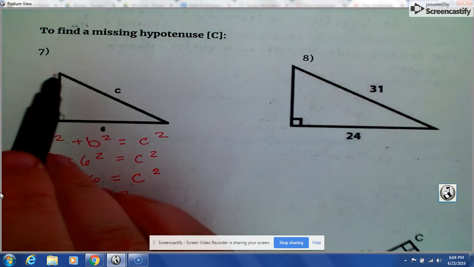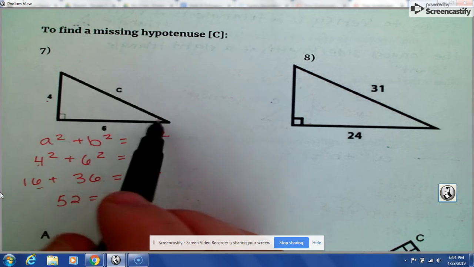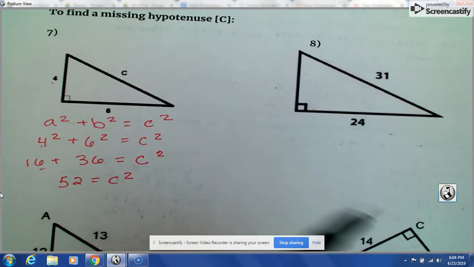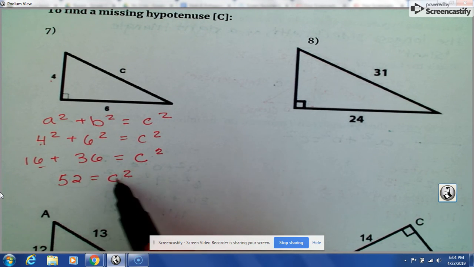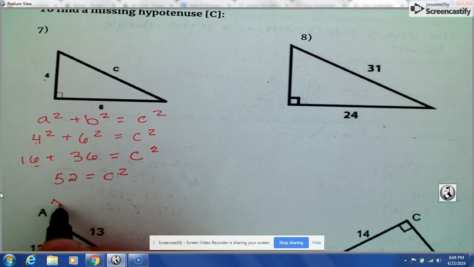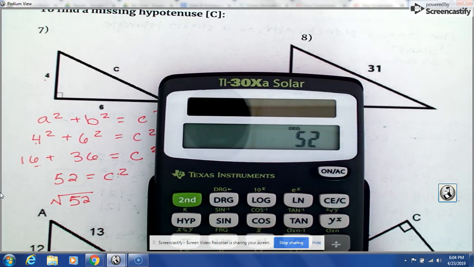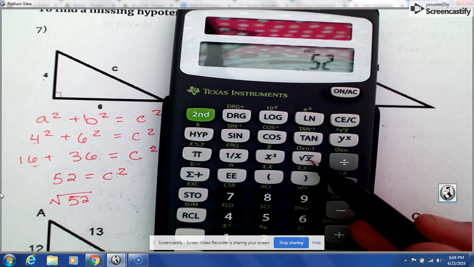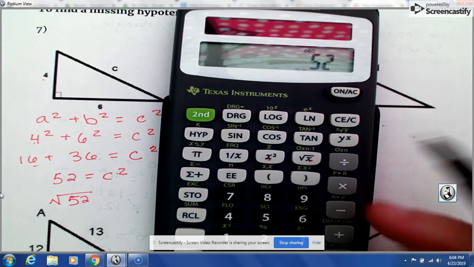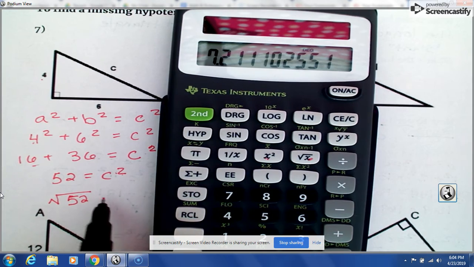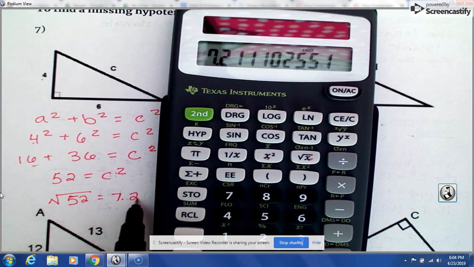Now, this is unlikely going to be 52. That tiny 2, to undo the tiny 2, you take the square root of the other side. Okay? So 52, I put that in, and there's my square root button. And it gives me 7.2.